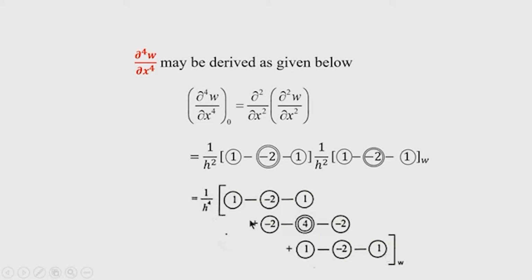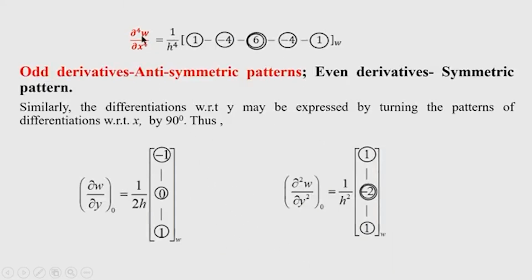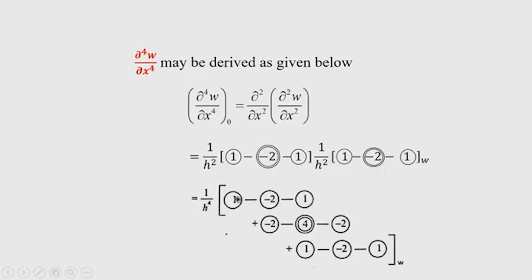Then you add these and you will get the fourth derivative. So, after adding we get the first term 1, second term minus 4, third term 6, fourth term minus 4, and 1.